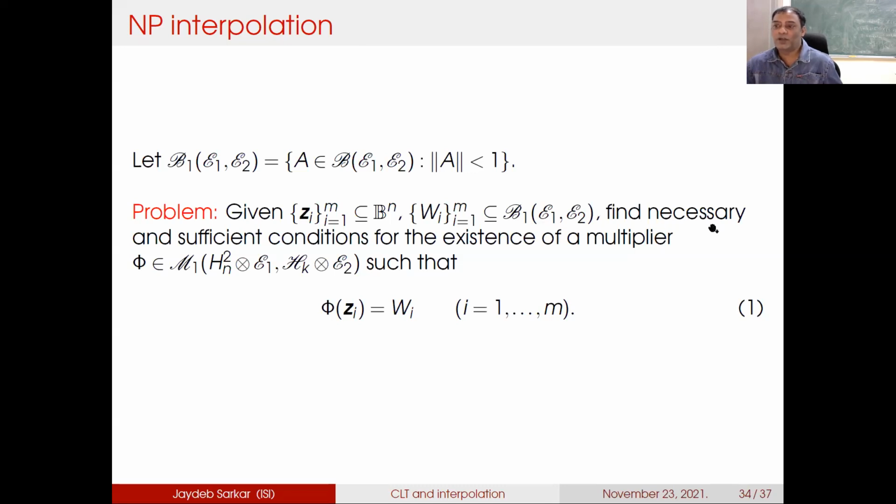The problem is to find necessary and sufficient conditions for the existence of a multiplier phi of norm less than or equal to 1, from H2n tensor E1 to HK tensor E2, such that phi of Z_i equals W_i for all i. That's the problem.